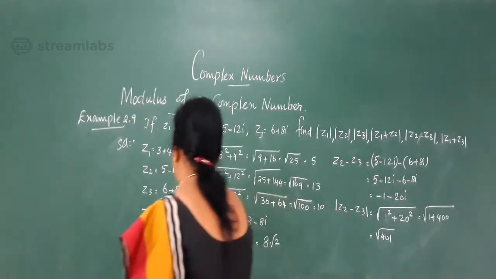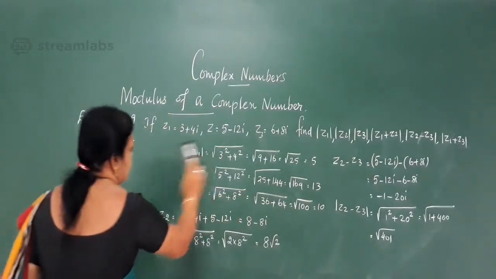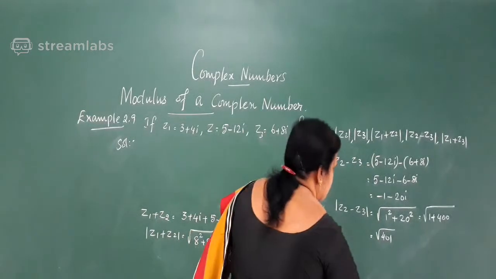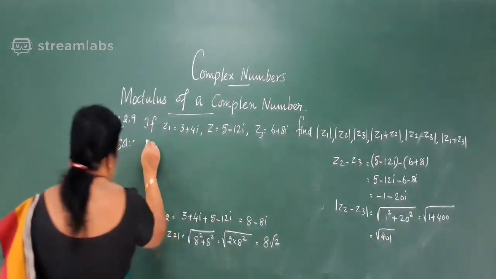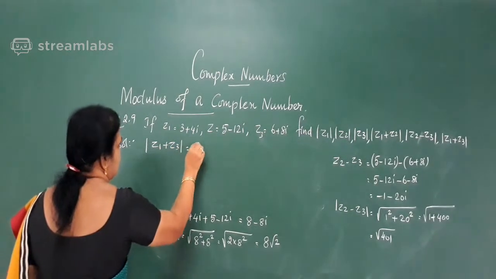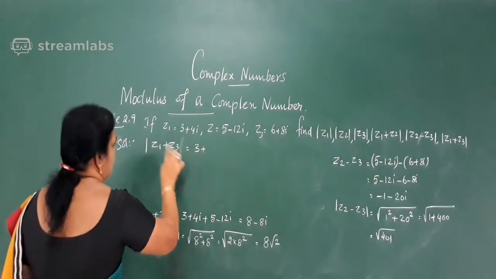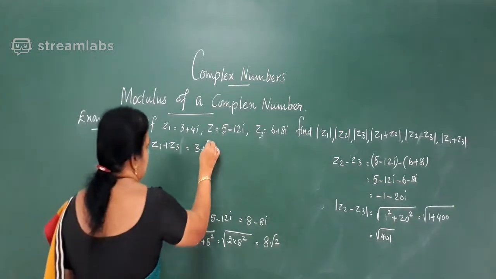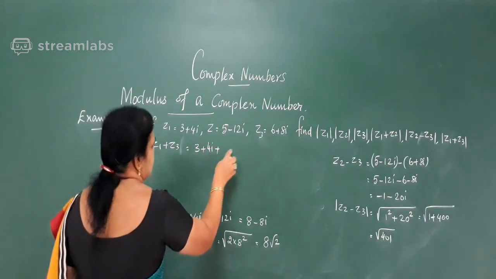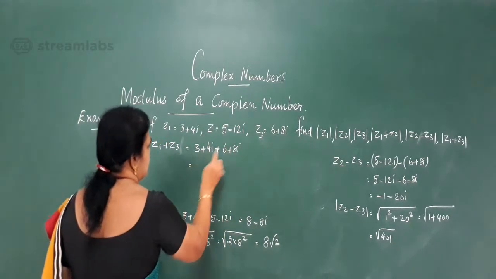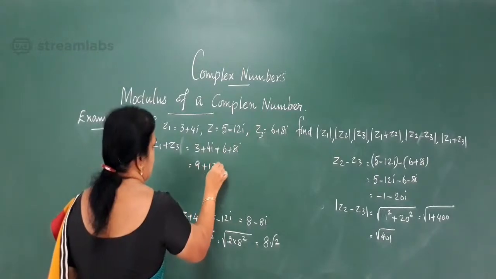One more thing we have to find: modulus Z1 plus Z3. What is that Z1? 3 plus 4i. First you find the sum of Z1 plus Z3. What is Z3? 6 plus 8i. See, 6 plus 3, 9 plus 12i.